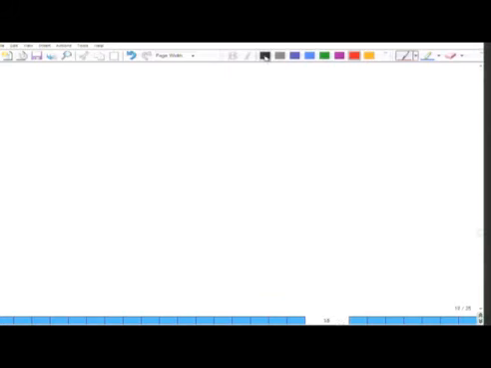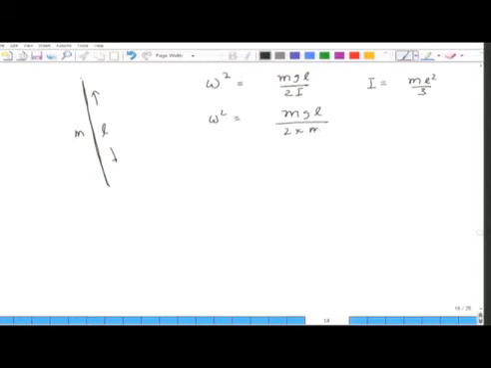So, if I take a rod, uniform rod of length L, mass m, then displaced it performs simple harmonic motion with omega square being given as mgL over 2I, and for a uniform rod I is mL square over 3. So, omega square becomes mgL over 2 times mL square over 3, which is, m cancels, 3g over 2L.